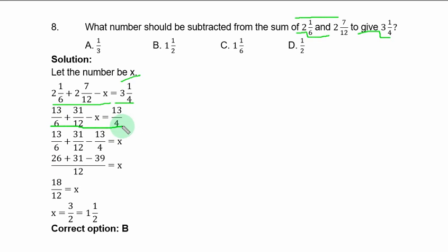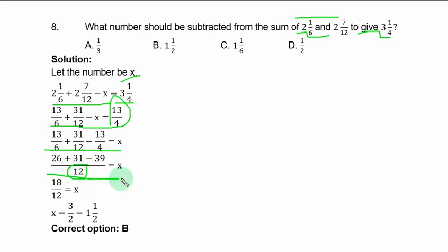Let's simply take S to the right and 13/4 to the left, and you have it in this form, so that you just have to simplify the left hand side by finding the LCM of 6, 12, 4, and that is 12. You know the rule now. You divide the LCM by each denominator and multiply your answer by the numerator.